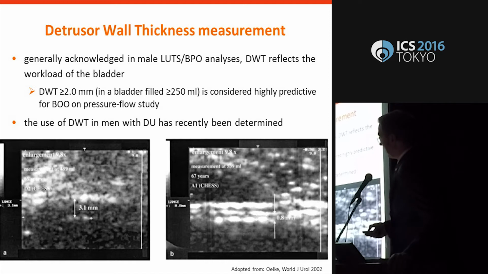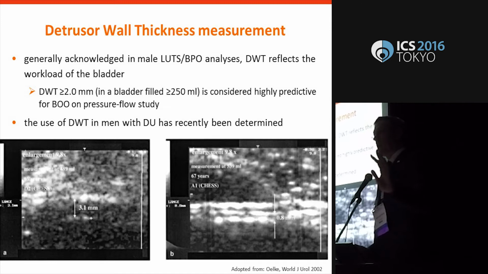It is well known and also accepted that an enlarged detrusor wall or bladder wall is indicative of bladder outlet obstruction, and you can use it in a prospective investigation. A detrusor wall thickness higher than 2 millimeters at a filling of more than 250 milliliters is rather predictive of a bladder outlet obstruction index. Positive predictive value is about 96%, so it tells you something.